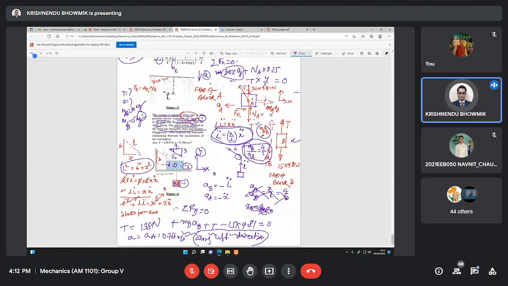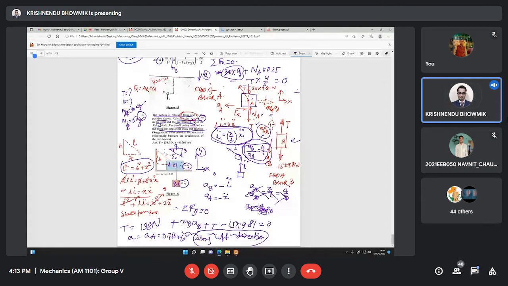So if I ask this question in the exam, you have to be very careful of the constraint equation. That is L square equal to B square plus X square. Do one derivative, second derivative, and you will get the relationship that L double dot equals X by L times X double dot. So L double dot by X double dot, where L double dot is AB and X double dot is AA, equals 4 by 5.